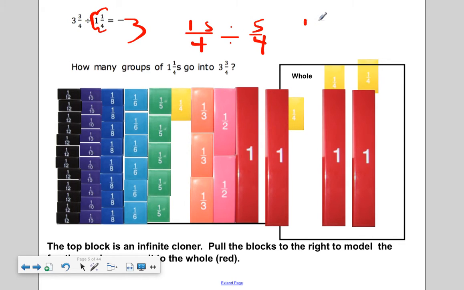So I keep 15 fourths. I multiply by its reciprocal. What is the reciprocal of 5 fourths? 4 fifths. And you get 60 over 20, which is just 3. Same answer. Looking at a picture, same answer.